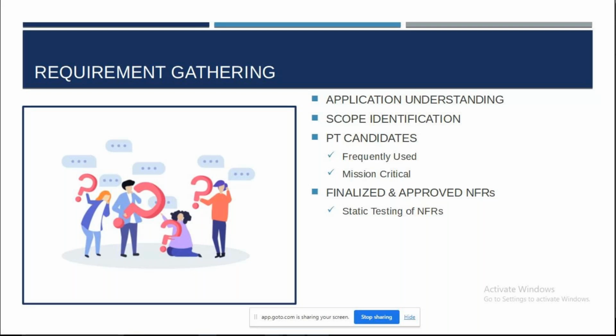So what will you do? Now coming to the next interview question. Before going to that interview question, I would like to say, what information will you look for in the non-functional requirement?